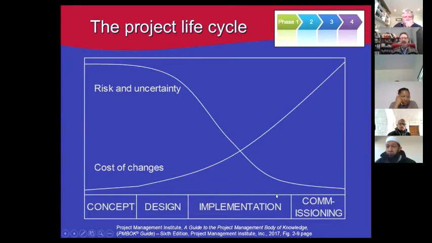Okay, if I may come in. My understanding is at the concept phase, there are so many unknown factors. For that reason, the risk is very high. But when you get to the design and implementation phase, you have more information and can judge whether this project will be a success or not, and the challenges that might be incurred in the process. If there might be challenges, you design engineer controls for those challenges.